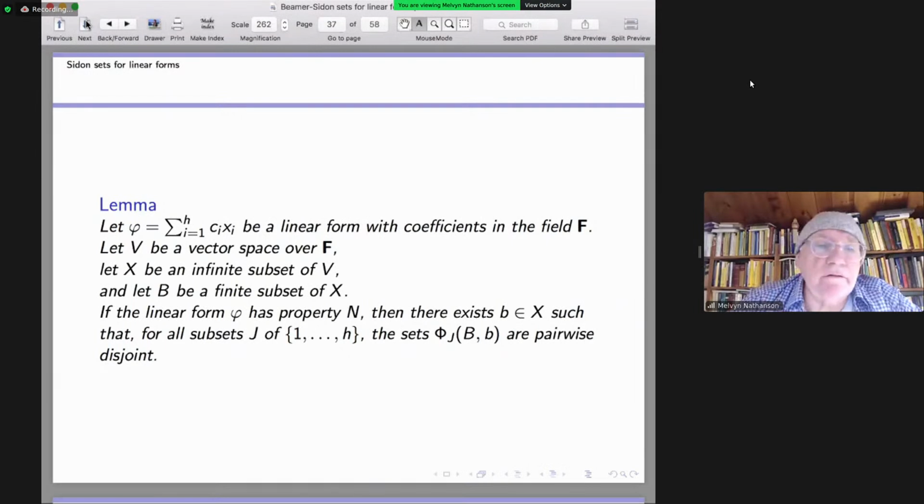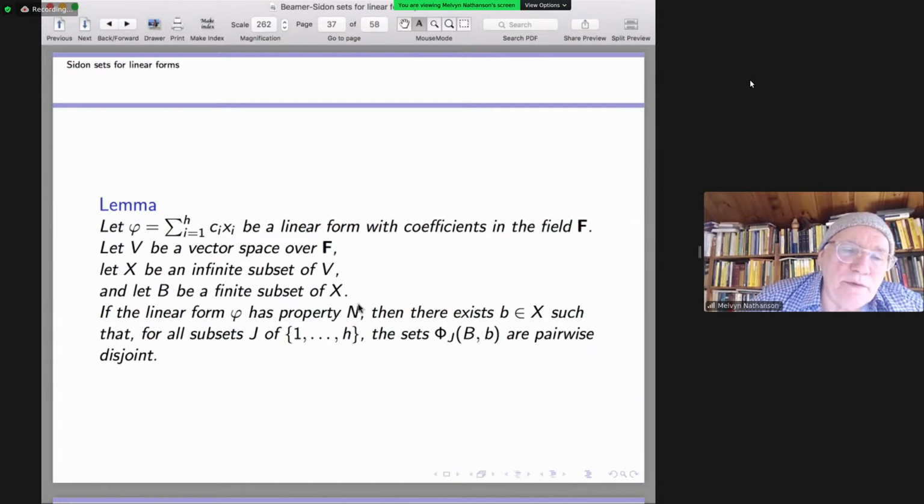We also have now the following little lemma. Again you have your linear form phi, a vector space V over the field F, an infinite subset X of V, and you take a finite subset A of X. If the linear form phi has this property N, that means no subset sum of coefficients equals another subset sum of coefficients, then there's always a B in X such that these sets phi_j of A, B are pairwise disjoint.